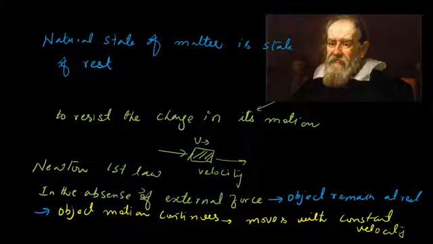So Newton's first law states that in the absence of external forces, if an object is at rest it will remain at rest, and if it is in motion, it will continue its motion with constant velocity. So this is Newton's first law of motion.